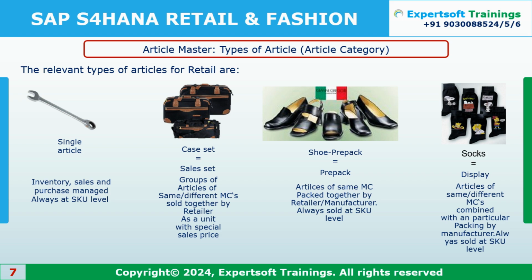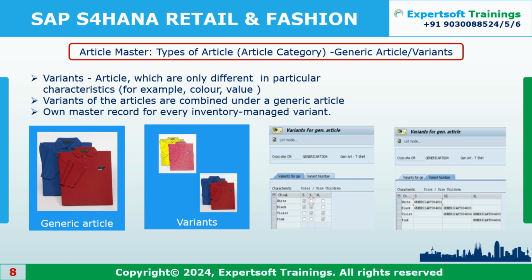For example, let's say there is a T-shirt of a particular brand. If there are 4 colors and 4 sizes, then together it makes 4 into 4, 16 unique combinations. So in that case, 16 different product codes need to be created. So in retail, we have a unique way of creating those, which is known as generic variant. So we will see today how it gets created. So this is one of the key features in the S4 retail material.